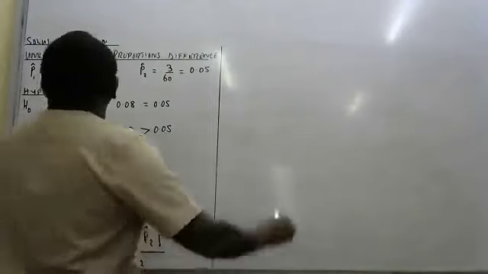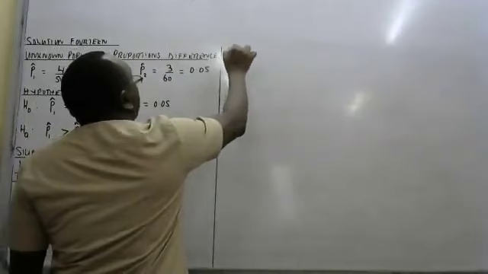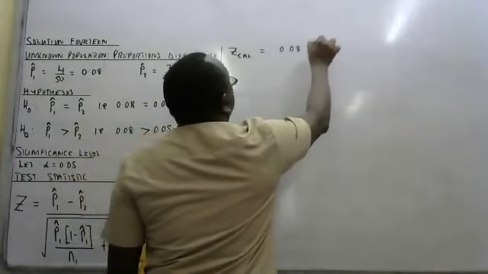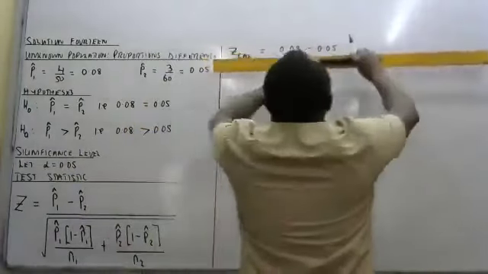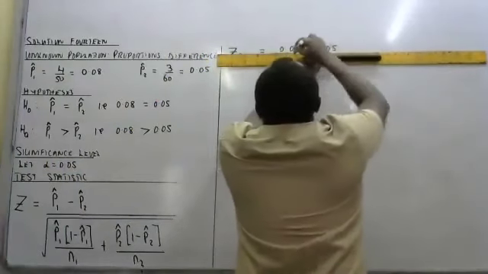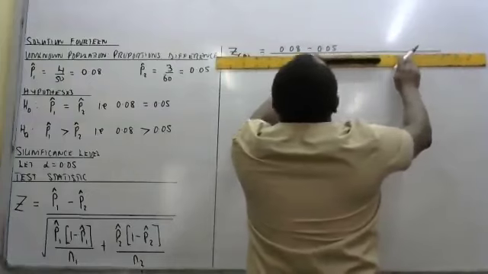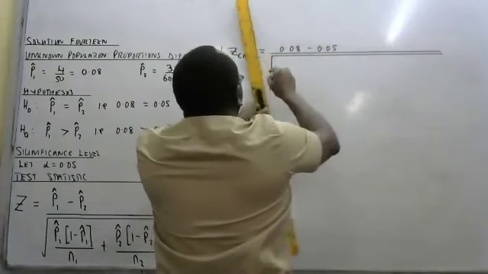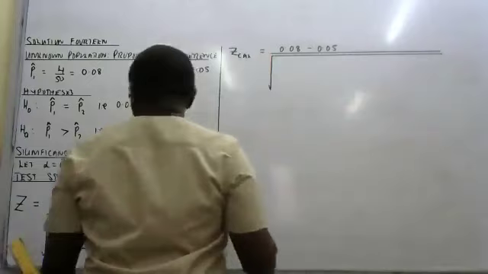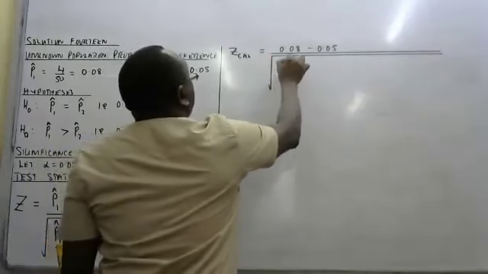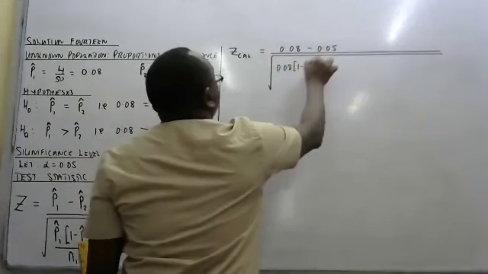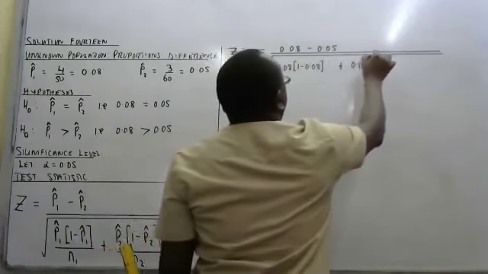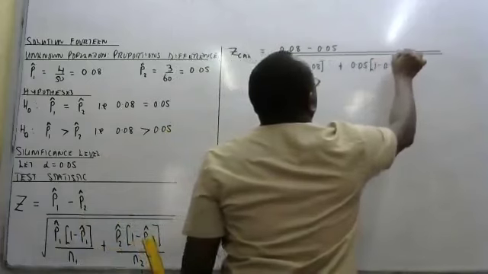So putting those items in the formula, Z calculated should be 0.08 minus 0.05, divided by the square root of 0.08 times 1 minus 0.08, plus 0.05 times 1 minus 0.05.